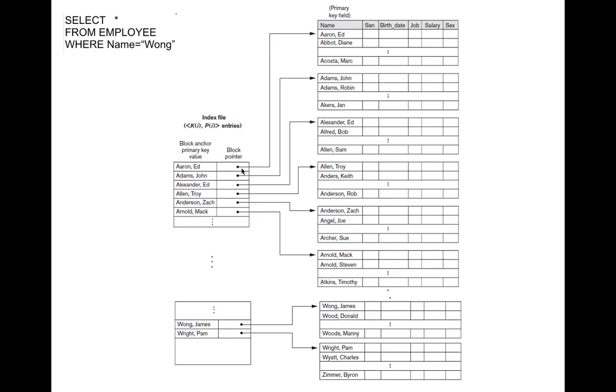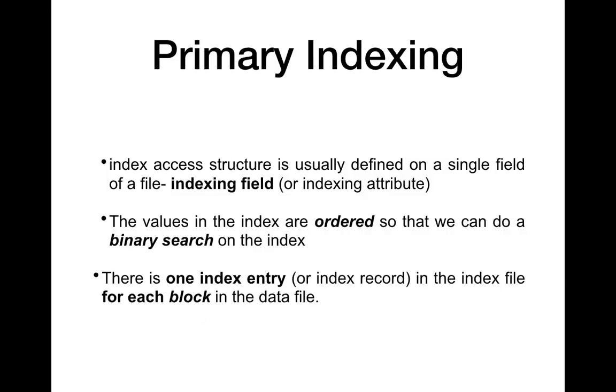We'll be seeing numerically how that speeds up the whole process. So instead of performing a binary search over here, now we need to perform a binary search over the index file, and that should actually speed up the process. We'll be looking into that using an example. Before moving into that, let's be thorough with the terms.